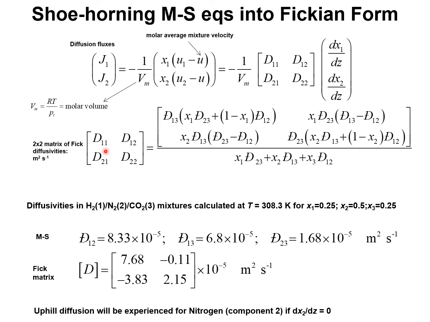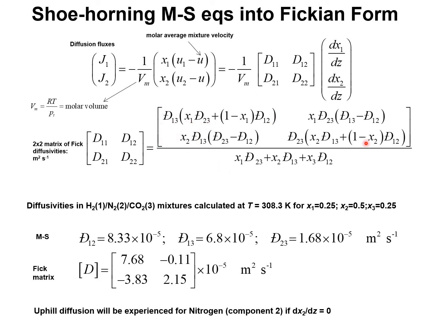Using straightforward algebra, we can derive an expression to explicitly calculate the elements d11, d12, d21, and d22 in terms of the Maxwell-Stefan diffusivities of the three binary pairs d12, d13, and d23.